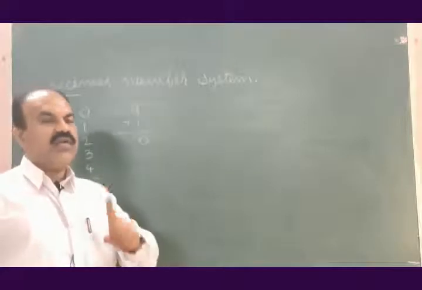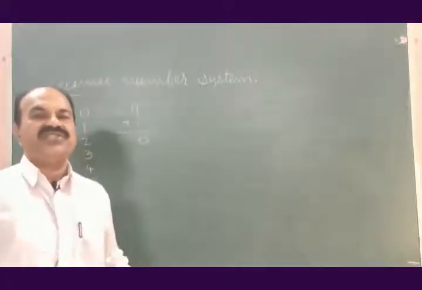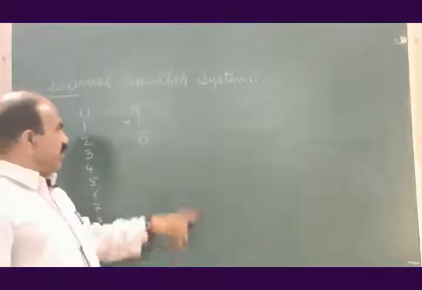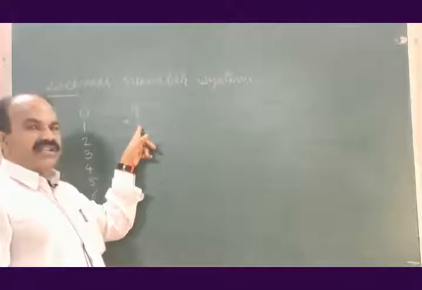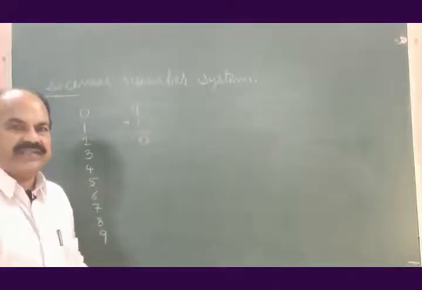Whenever we add 1 to the largest symbol of any number system, that largest symbol resets to 0. This 9 resets to 0 when 1 is added to 9.